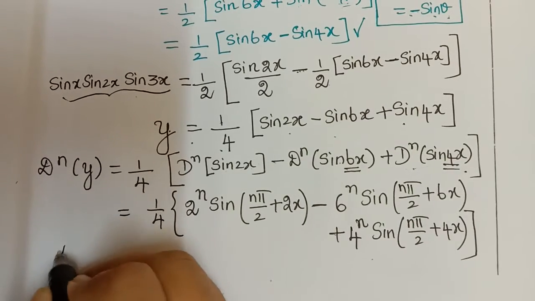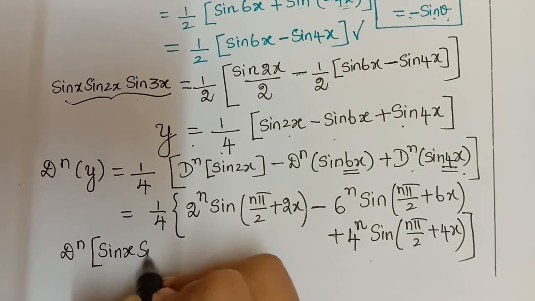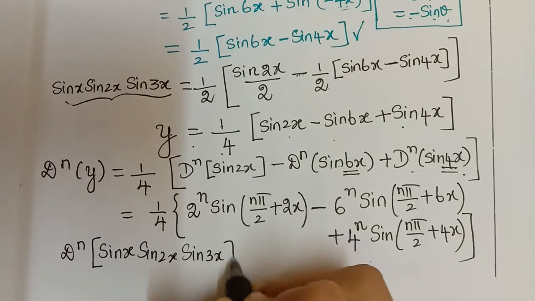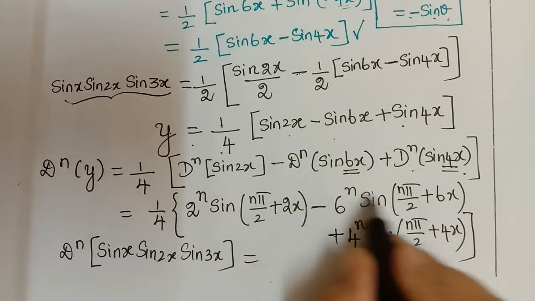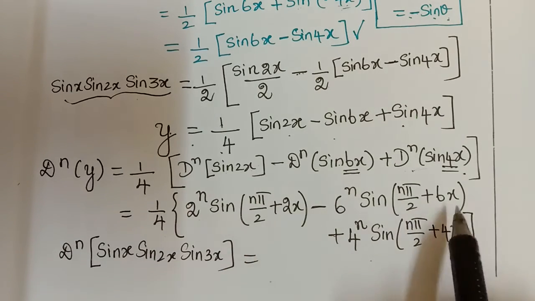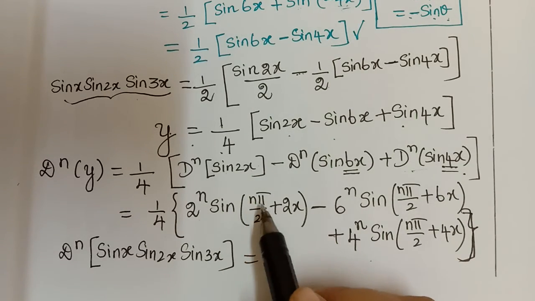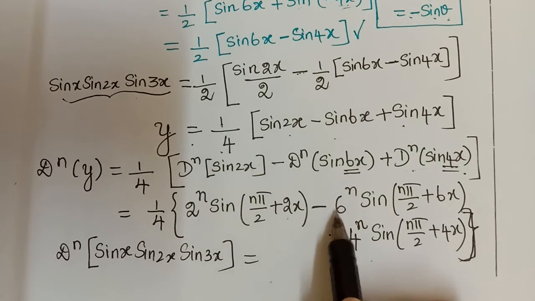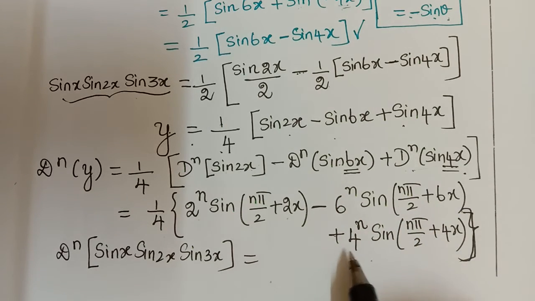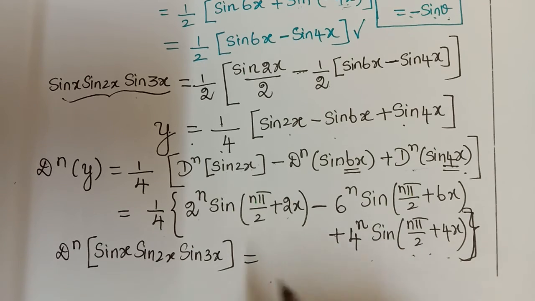So therefore the nth derivative of sin x, sin 2x and sin 3x is equal to this, that is 1 by 4 times, within bracket, 2 power n sin of n pi by 2 plus 2x minus 6 power n sin of n pi by 2 plus 6x plus 4 power n sin of n pi by 2 plus 4x.